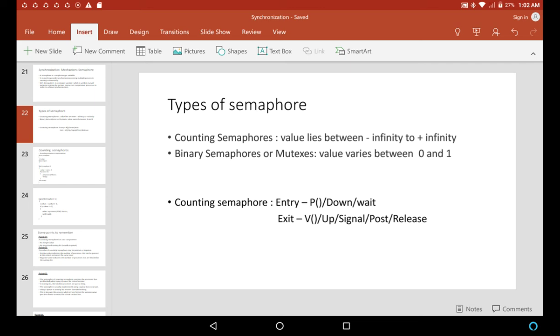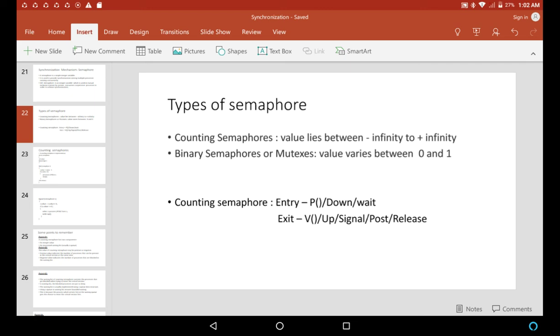Similarly, the exit section has the V operation, also called up, signal, post and release, which are synonyms for V. So basically there are two operations performed in the entry and exit sections of a semaphore implementation, P and V, and these are some synonyms for them.